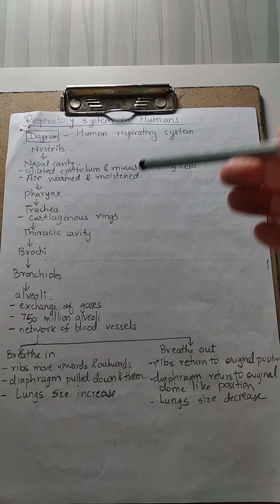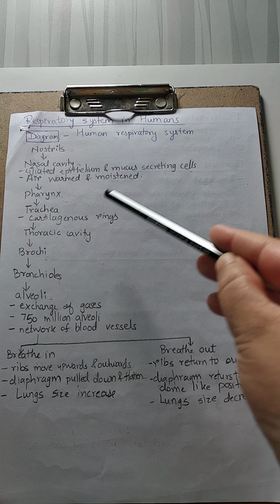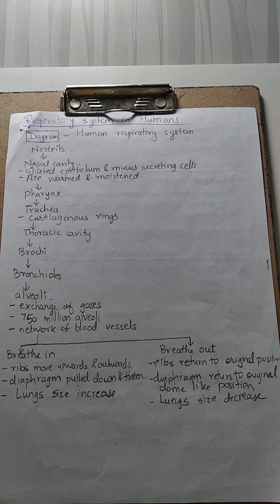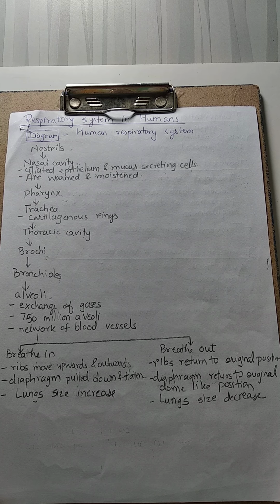Trachea जो है वो आगे thoracic cavity जो होता है उसमें extend होता है, right? On entering the thoracic cavity, trachea divides into bronchi, right? Just look at the diagram and then study, okay? अब thoracic cavity divide होती है into bronchi, 2 bronchi होते हैं, right?